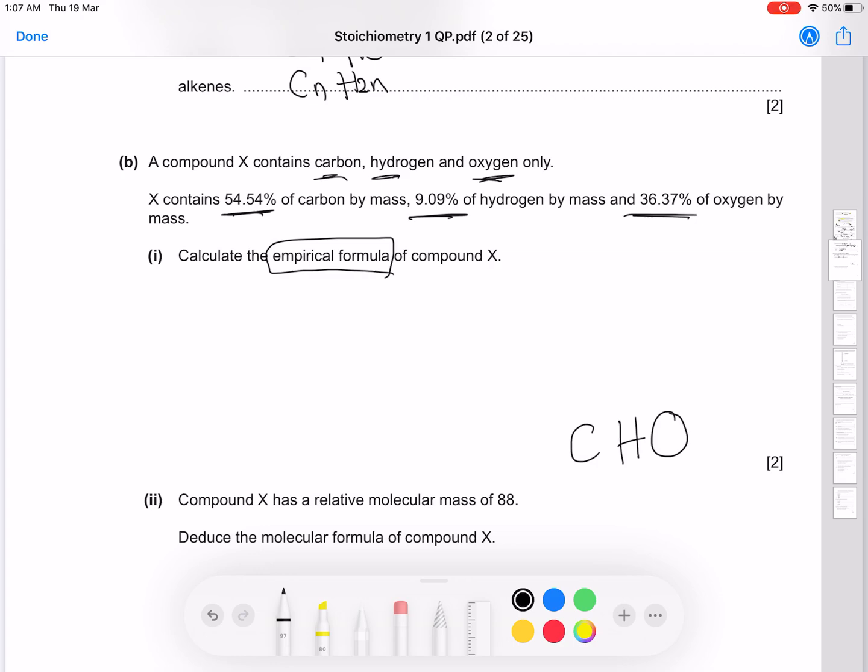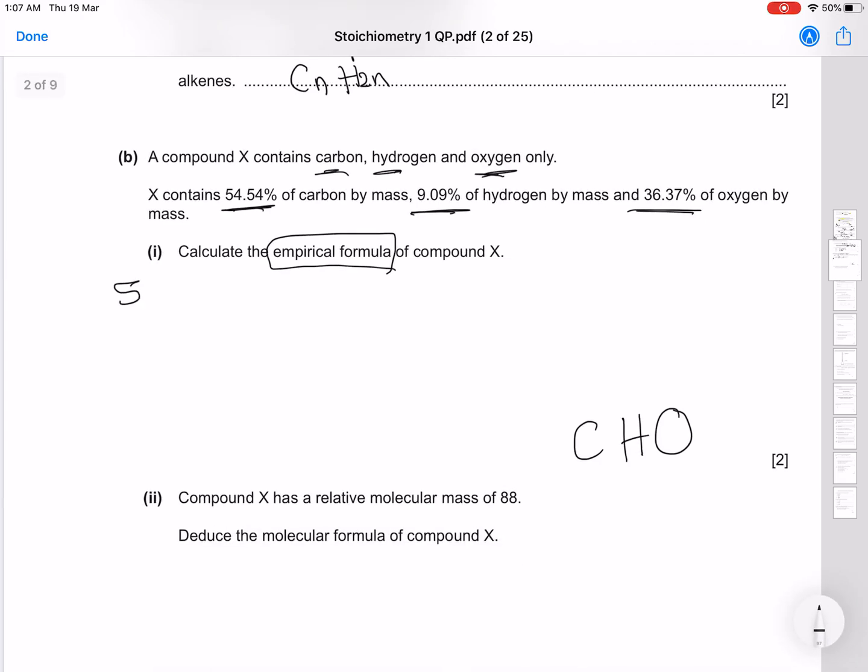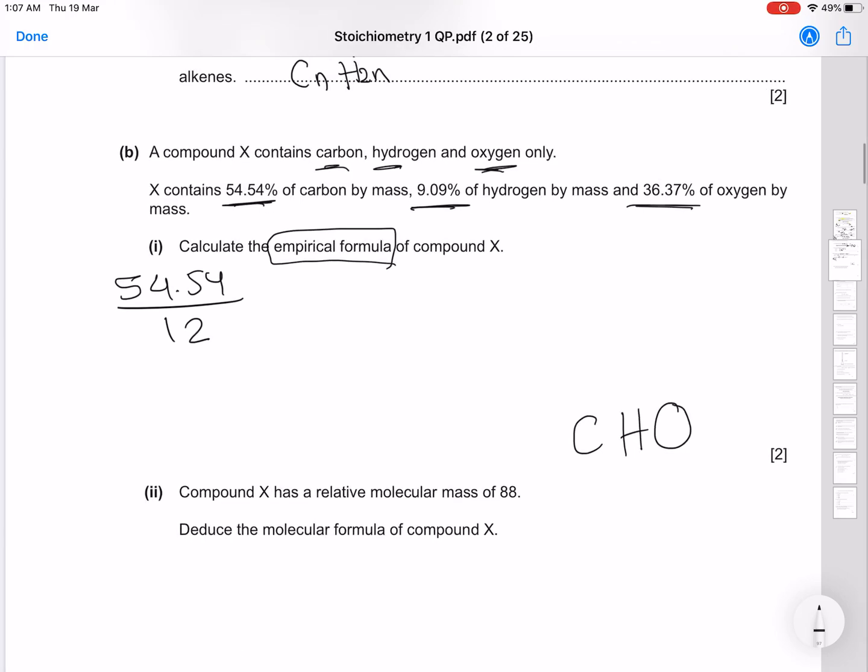So I'm going to divide 54.54 divided by 12 to find out the number of moles of carbon in this molecular formula.